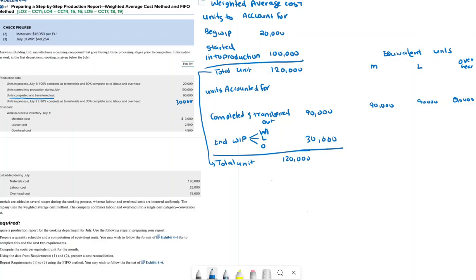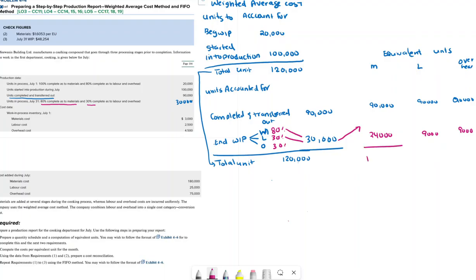They told us in the question, July 1st, 80% in material, 30% in labor, and 30% in overhead. So 80% here, 30% here, and 30% here. 30,000 times 30% will give me 9,000, and this will also be 9,000.